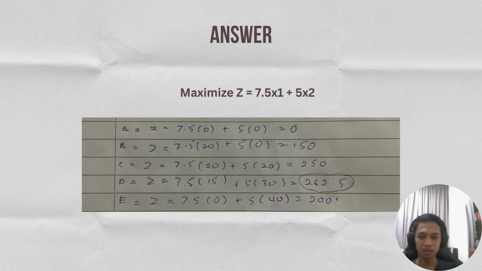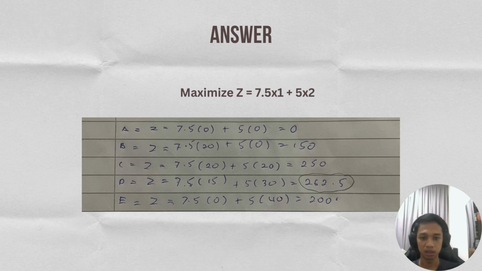For coordinate B, 7.5 times 20 plus 5 times 0 equal to 150. For coordinate C, 7.5 times 20 plus 5 times 20 equal to 250. For coordinate D, 7.5 times 15 plus 5 times 30 equal to 262.5. And lastly, coordinate E, 7.5 times 0 plus 5 times 40 equal to 200.